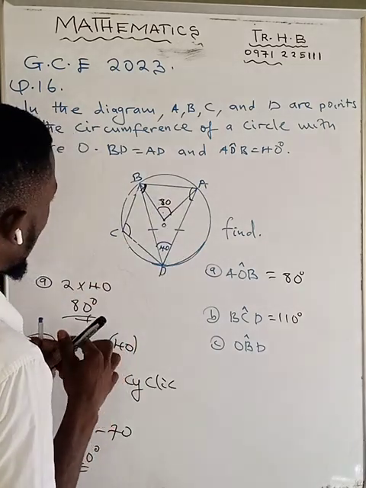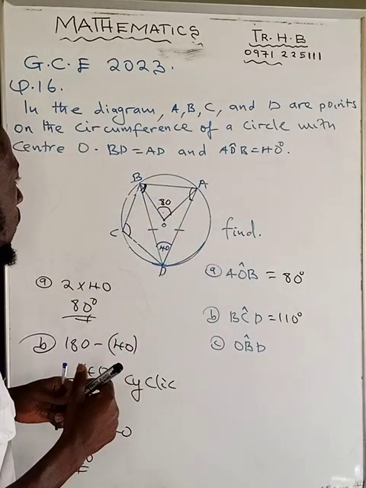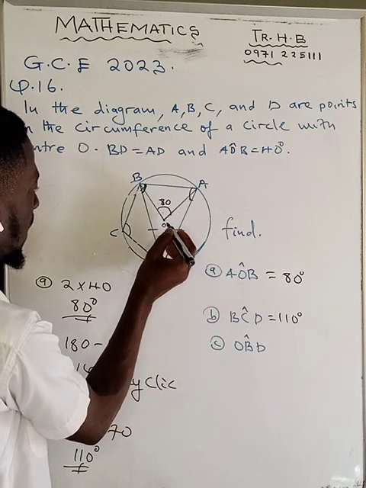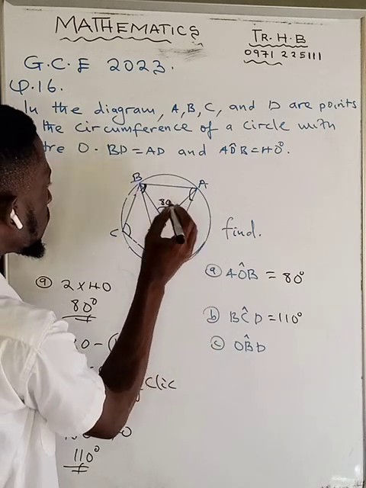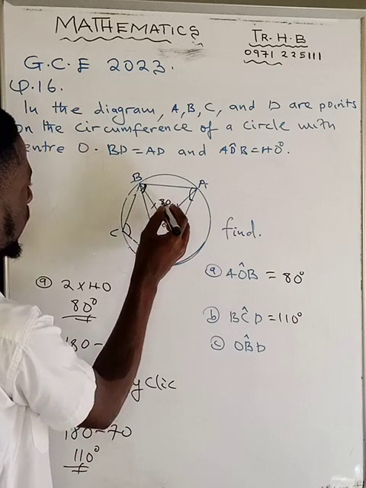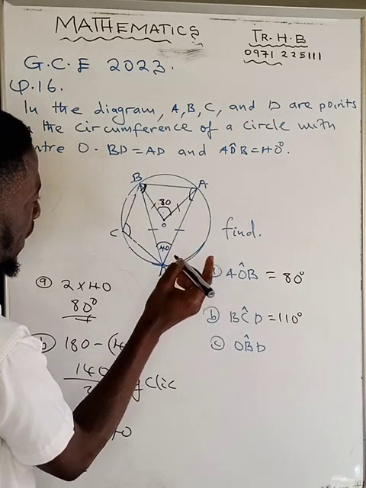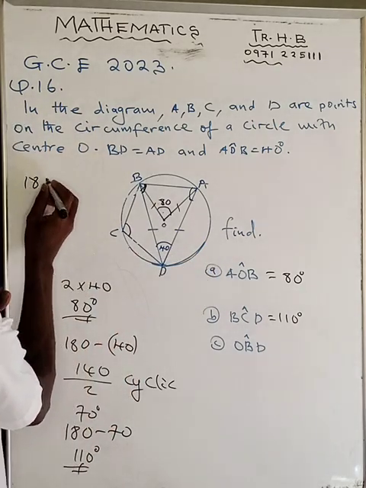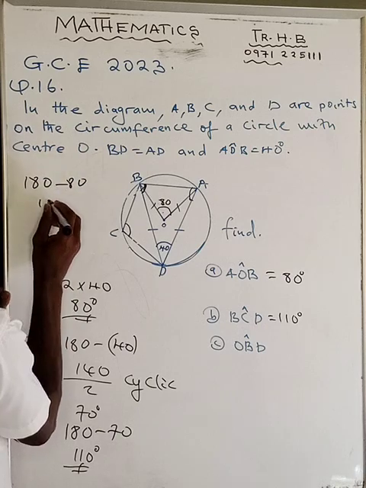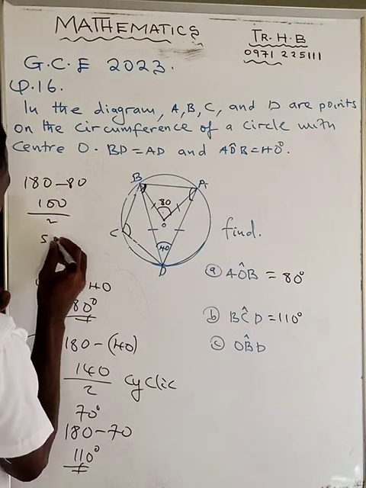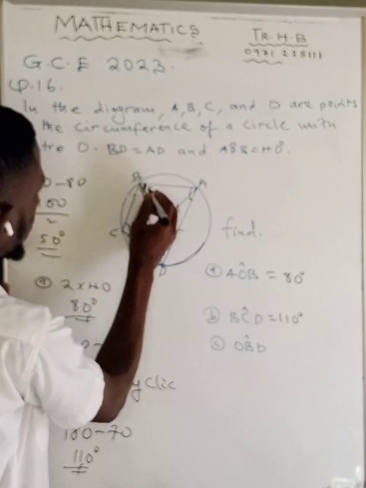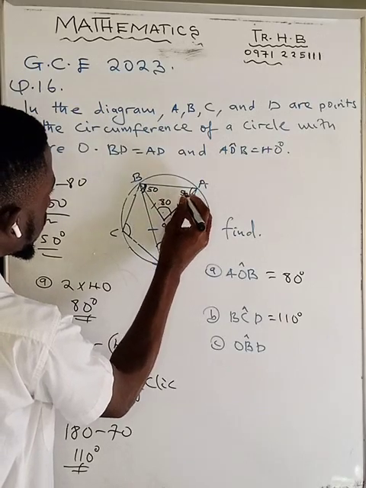Now, this is also a triangle. The angles in a triangle should add up to 180. Remember, this is the radius. The line is coming from the center, so this must always be equal to that. So if this is 80, 180 minus 80, we'll get 100. Then we divide it by 2 to give us 50. Therefore, this is 50, and this is also 50.